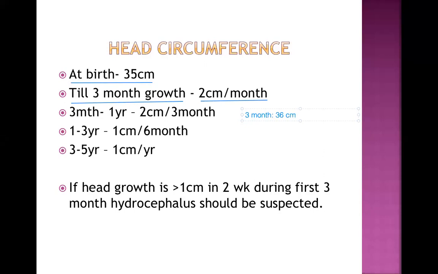Now at the end of 3 months, what is the expected head circumference in this baby? How do you calculate? 2 centimeter per month. So 3 months, 2 centimeter is 6 centimeter. So we add 6 centimeter there. So it will be 42 centimeter. So this is how we calculate head circumference after 3 months of age.